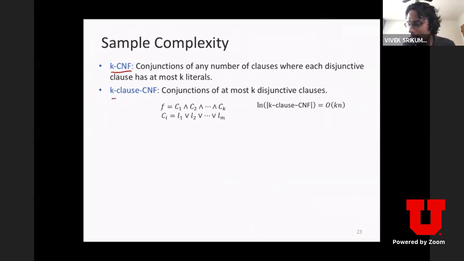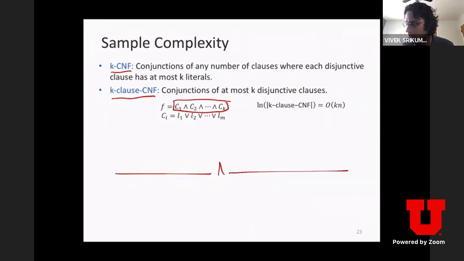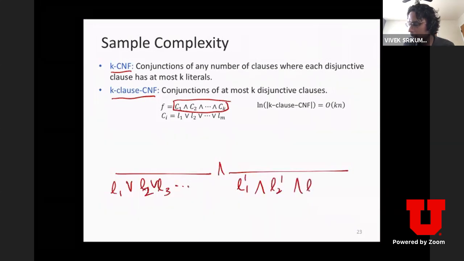There's another thing called a K-clause CNF, where you have a conjunction of k things. So, for example, a 2-clause CNF would be something and something else. And inside this, you can have any number of literals. It doesn't have to be the same.